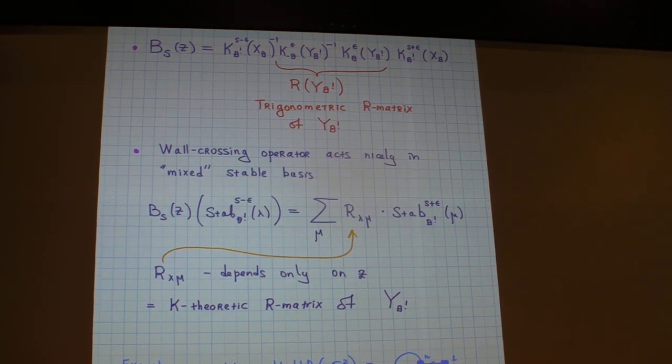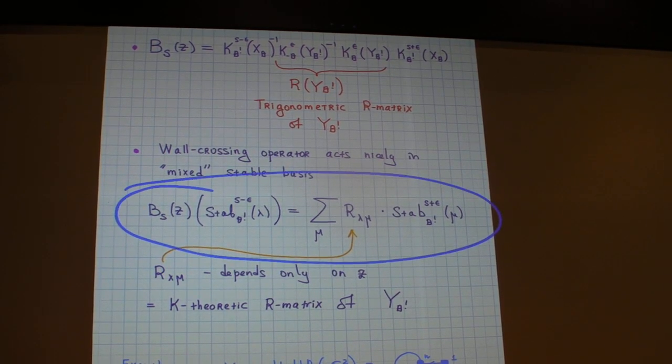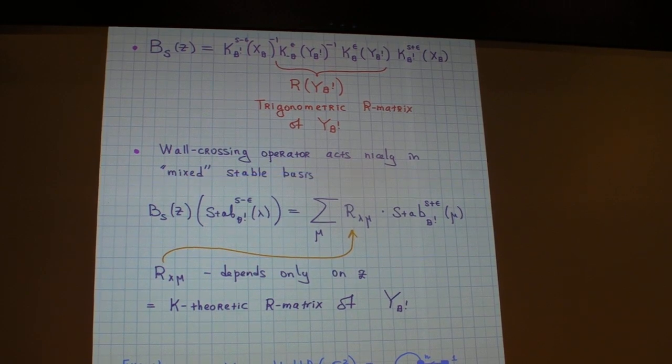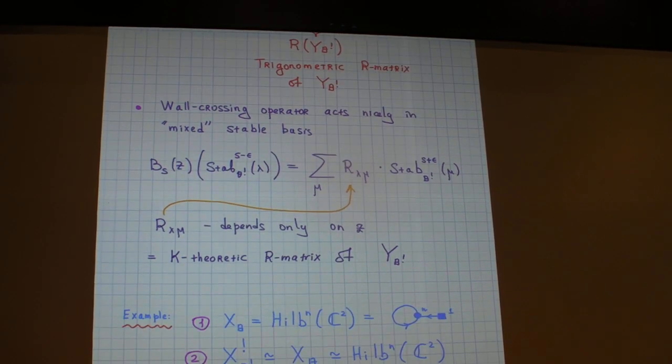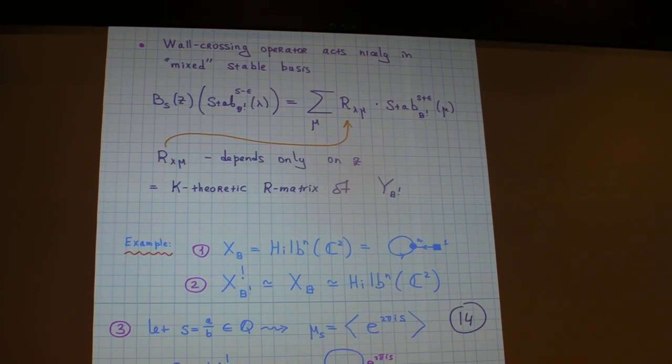But you never expect that if you act like this on the basis of stable envelopes close to the wall, the matrix elements do not depend on equivariant parameters. So if you act like this, the thing only depends on Kähler parameters. This property of wall crossing operators was very far from obvious in our work. So that is something interesting.